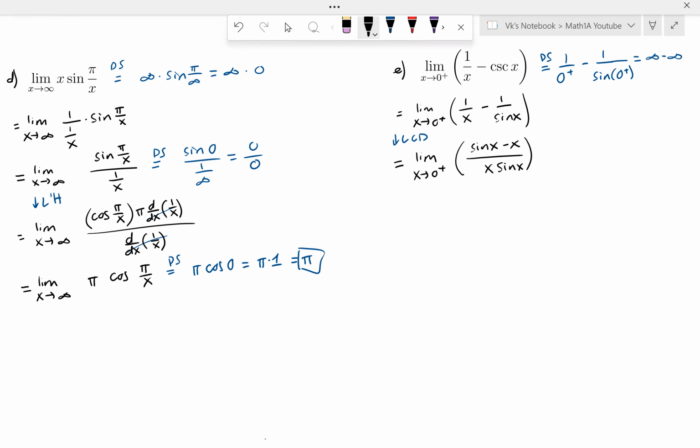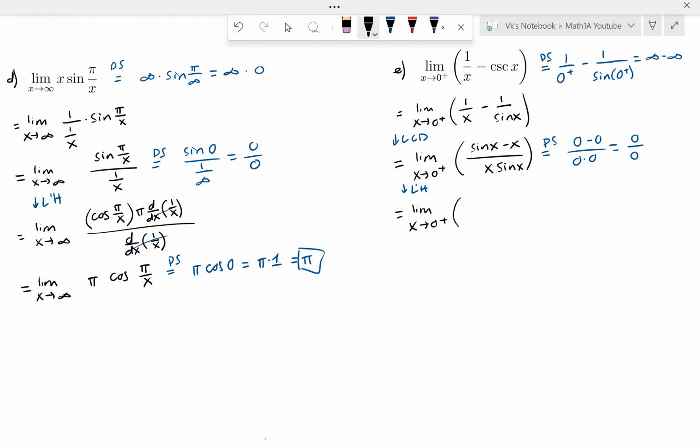Now do a direct sub. Ta-da! Sine of 0 is 0. So 0 minus 0 over 0 times 0, which is 0 over 0. And then we can use L'Hopital's rule. That gives us the limit as x goes to 0 from the right side.